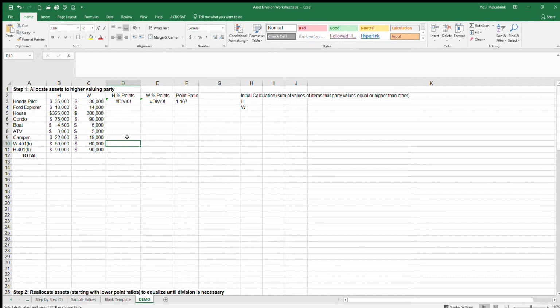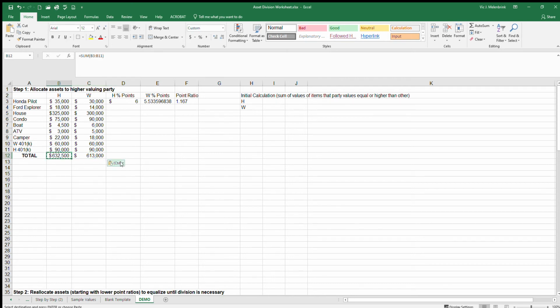So it's sort of like if each party had $100, here's how much they would have valued that at. So the way that you do this is you take the asset and you need the total. So to make a total in Excel, equal sign, sum, open parentheses, select the range, hit enter. And we're going to copy that, and we're going to paste it over here.